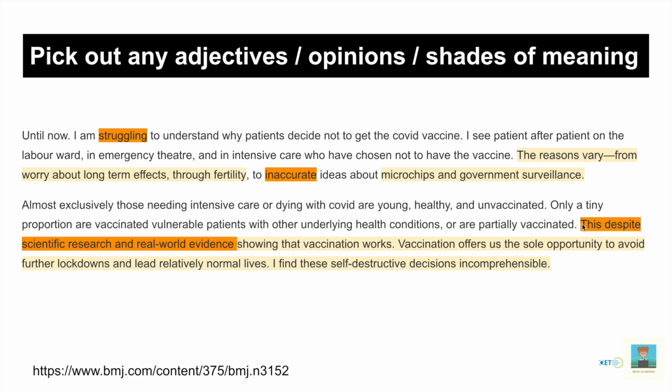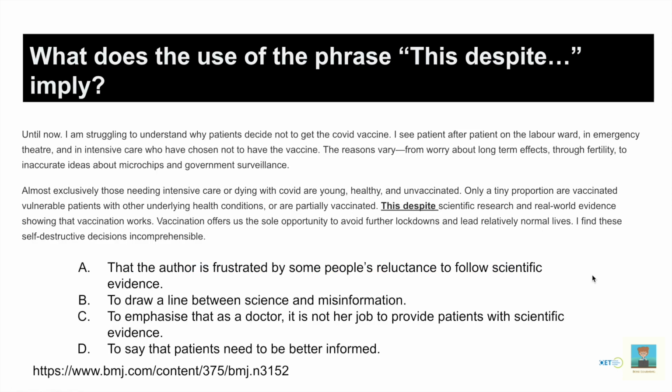And she says, this despite scientific research and real world evidence. So they are in hospital despite this research being evident to them. So, why does she use this phrase, this despite? What does it imply? Have a look here and pick out the best one.